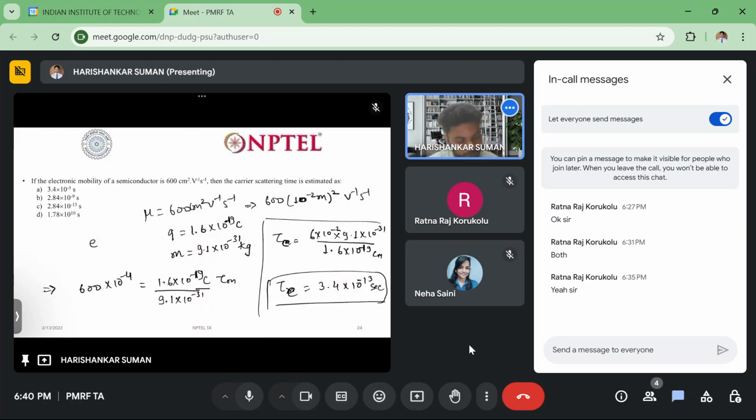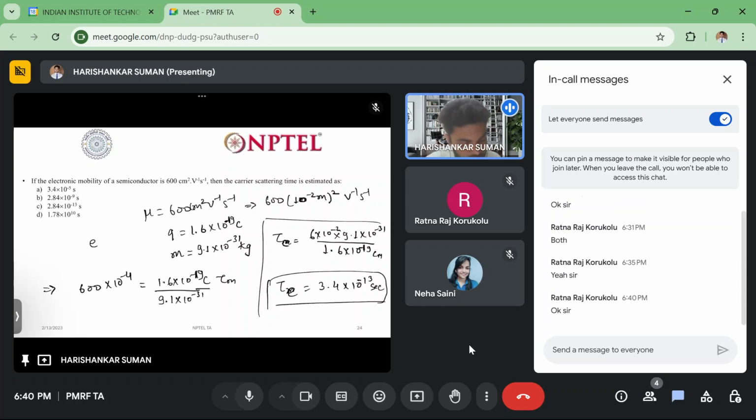Next question. The electron mobility of a semiconductor is 600 centimeter square per volt per second. Then the carrier scattering time is estimated as... So mobility equals q times scattering time over the mass of the electron.